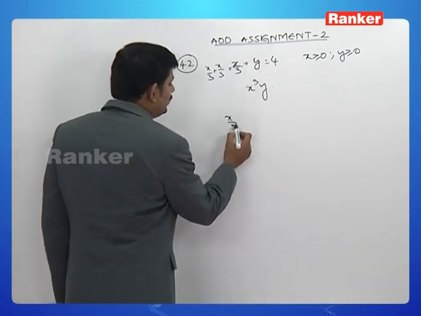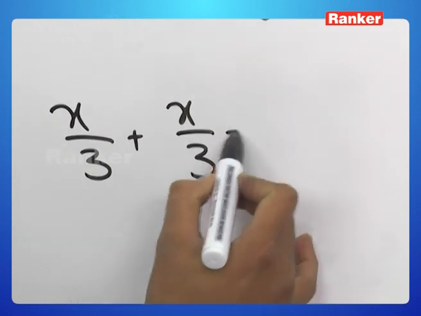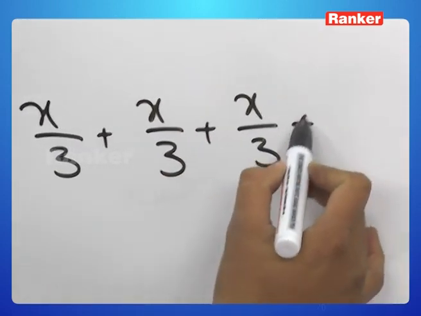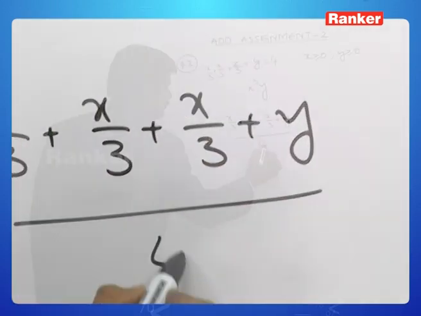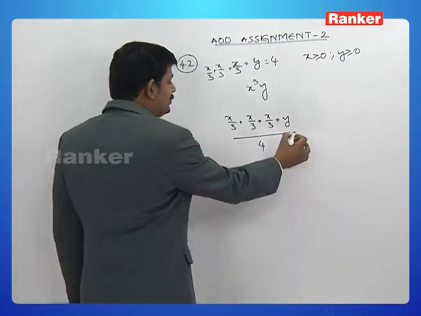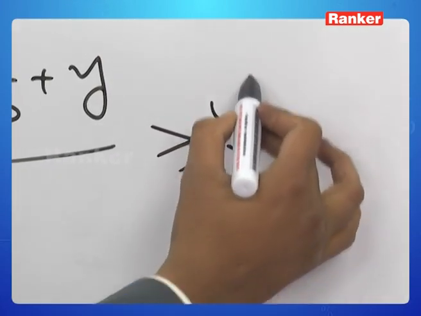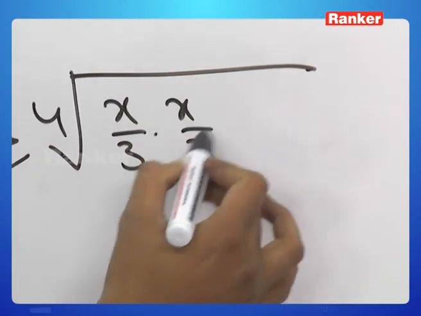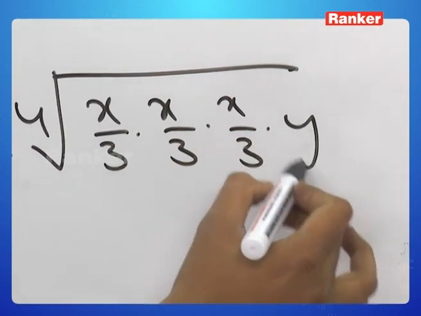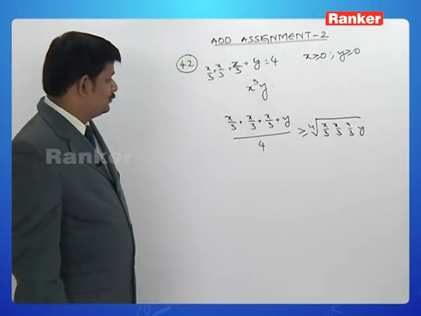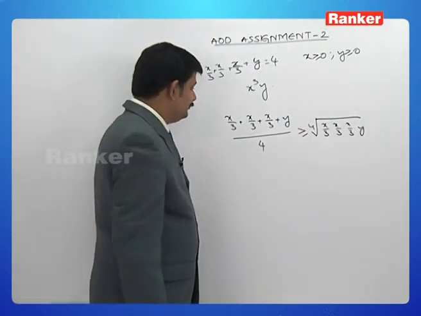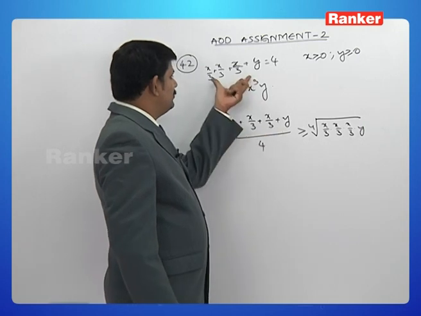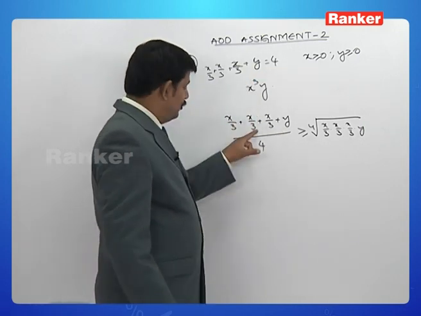Applying AM greater than or equal to GM on the numbers x by 3, x by 3, x by 3 and y, their sum divided by 4 will always be greater than or equal to the 4th root of their product, x by 3 into x by 3 into x by 3 into y. As this sum is given to be 4, 4 by 4 is 1.